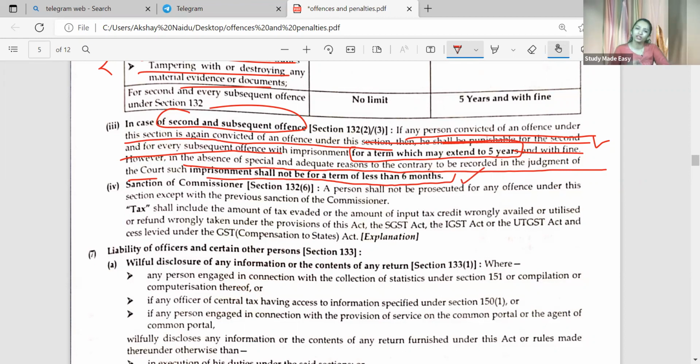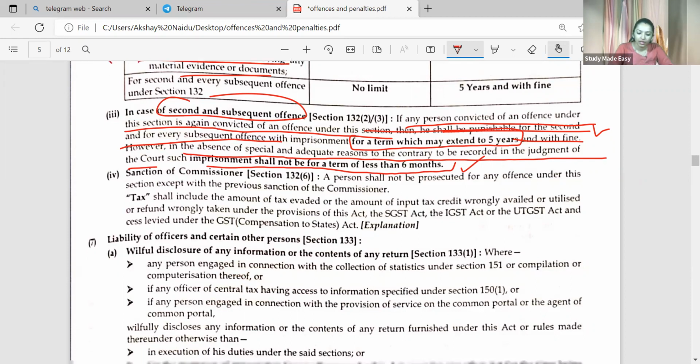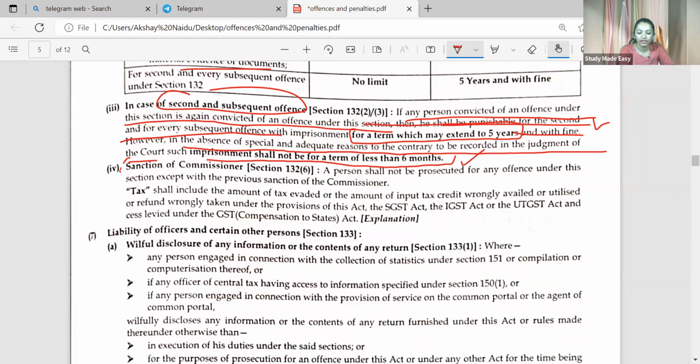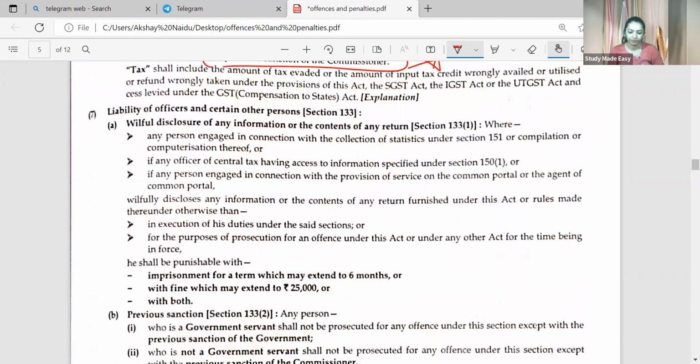Since you are repeating, now you will have to go to jail, so minimum 6 months. Who will sanction? The commissioner. This is important. Previous sanction of the commissioner is needed for prosecution, unless prosecution will not start.